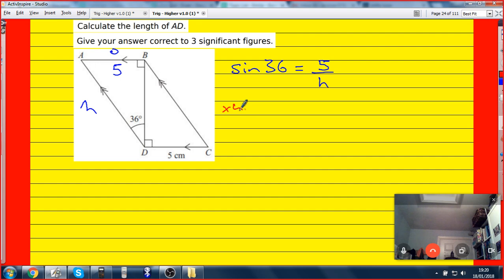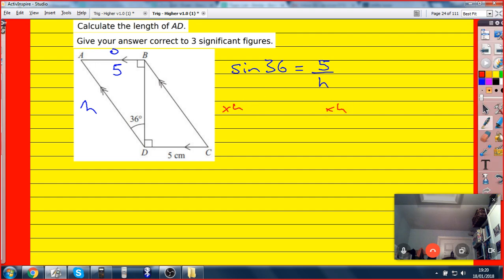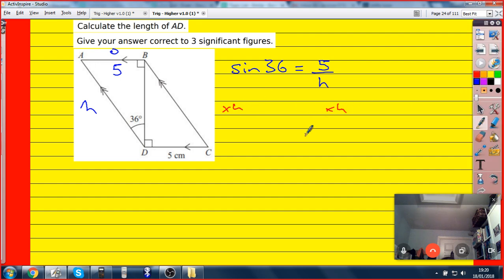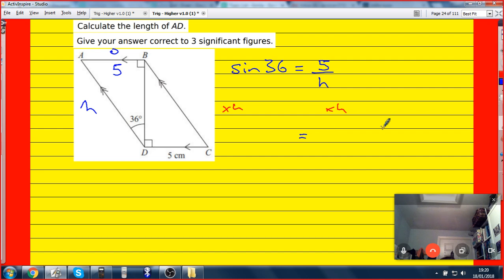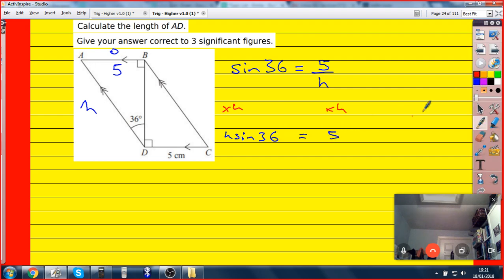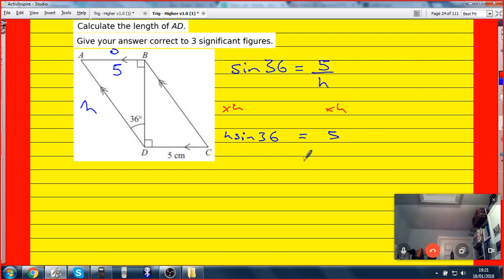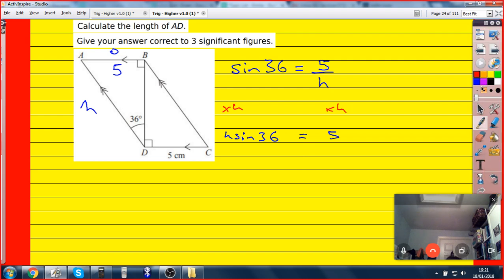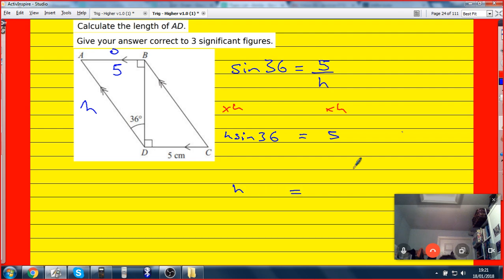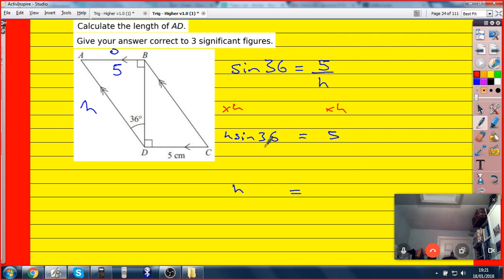Yeah, so this is going to be a tricky one. So you first times the H. So what does that get you? H sine 36. And on the right side, 5. What we're aiming towards is H equals. So we have to move sine 36 over to the other side.